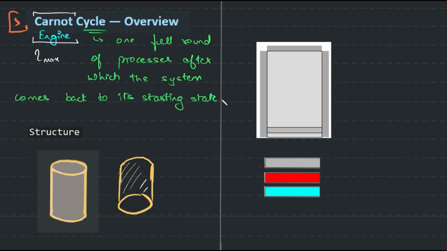So the Carnot engine goes through all of the steps to come back to its initial point, and that makes a Carnot cycle.